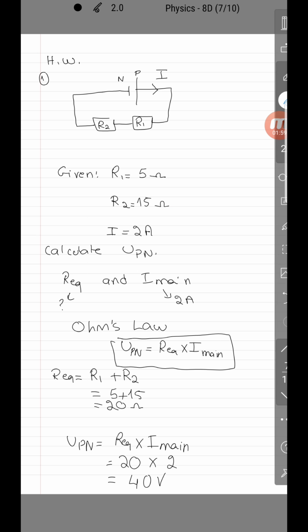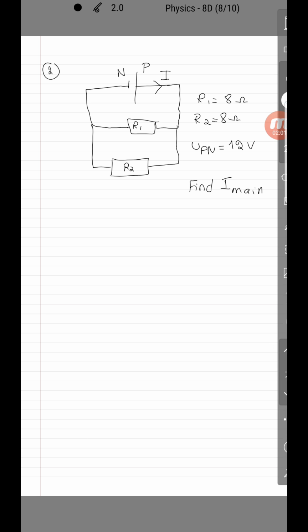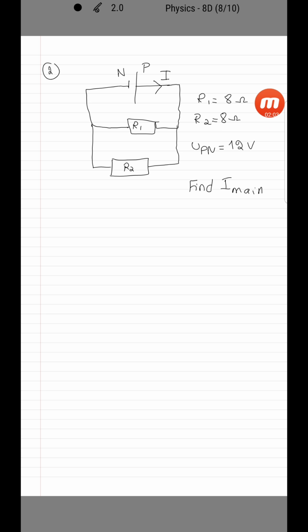Now for number 2, I have UPN equal 12 volts, R1 equal 8 ohms, R2 equal 8 ohms, and I need to find I main.